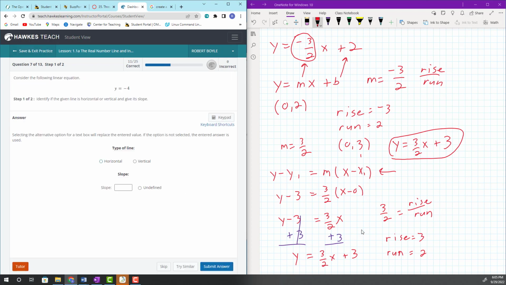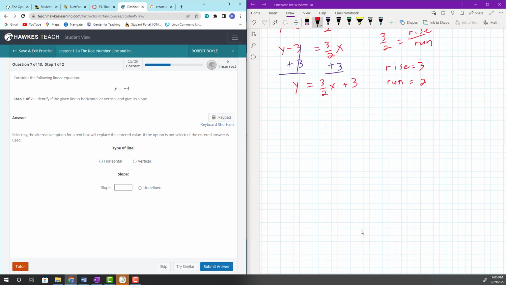Okay. Here we have the equation y is equal to -4. Regardless of the value of x, y will always be equal to -4. If you wanted to see a graph of that, part of my axes here, then it's going to look like this. 1, 2, 3, 4.